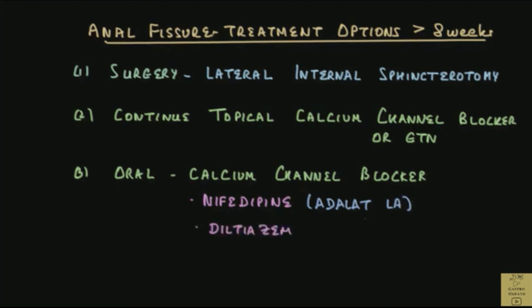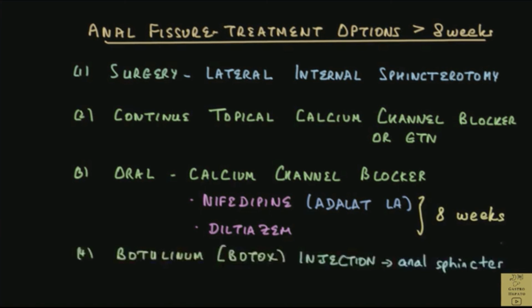Topical calcium channel blockers appear to be more effective than oral preparations. Both these oral medicines are typically given for a period of 8 weeks. A new type of treatment is the injection of botulinum toxin or Botox into the anal sphincter. This helps to relax the anal muscles.